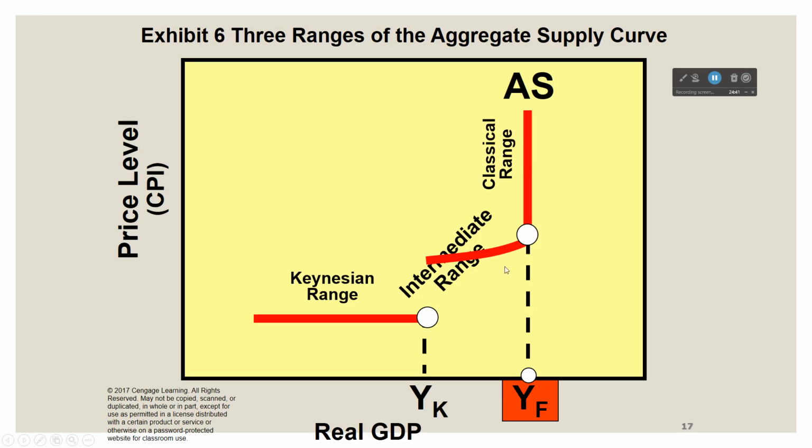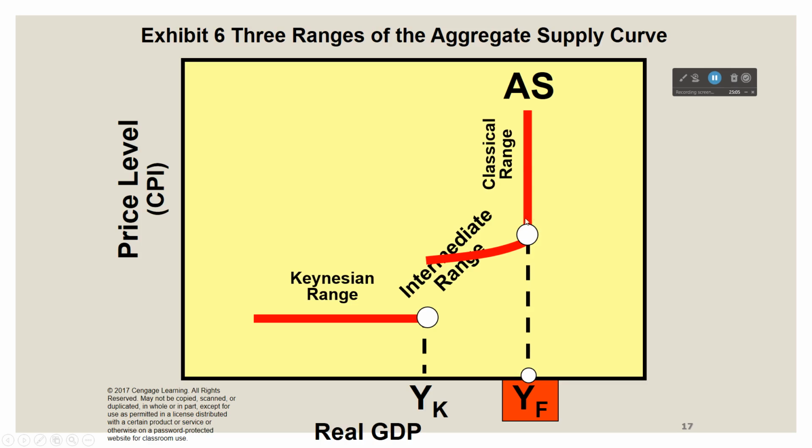So if aggregate demand is increasing, pushing us up this intermediate range, and remember this thing didn't line up here for some reason, that would cause output to increase and prices to go up. You can see as I move to the right. If aggregate demand decreased on this intermediate range, that would cause prices to fall and output to decrease.